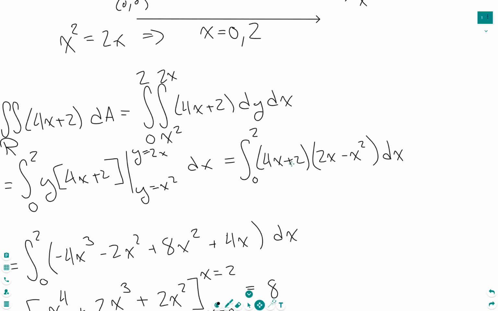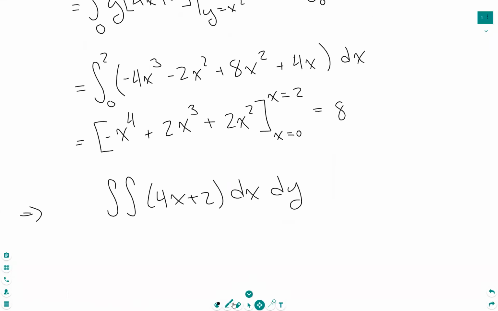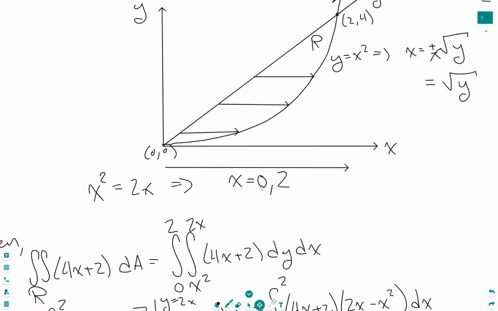Okay, so now going back down, we started on the line, which was y over 2, and we went to the parabola, which is the square root of y. Then our traces, so what's the range on y here?